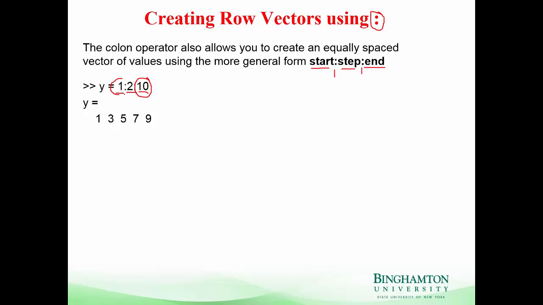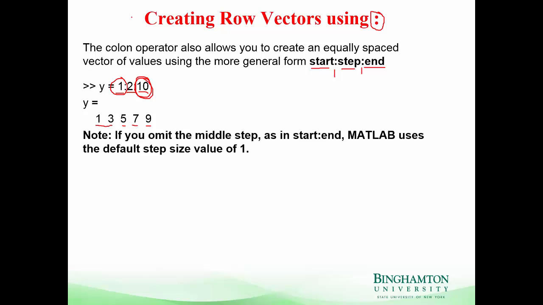We get the starting value, but because we are jumping up by 2, we go 1, 3, 5, 7, 9. Now the next jump by 2 would take us to 11, which is beyond the end, and so we don't get that one because it can't give us something beyond the ending value.